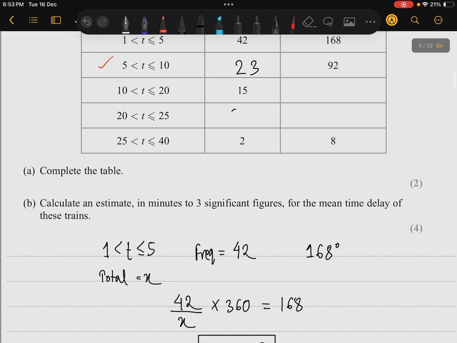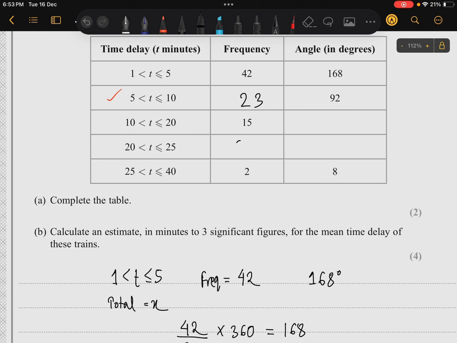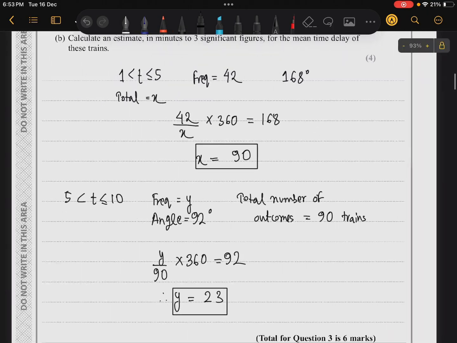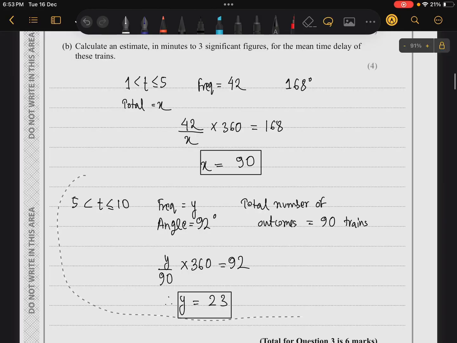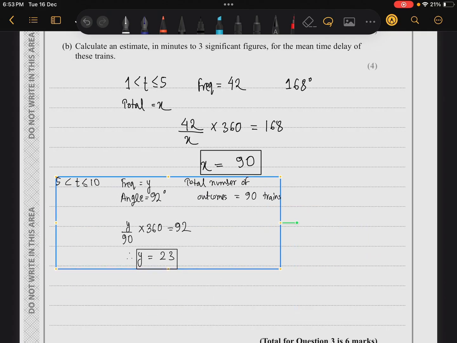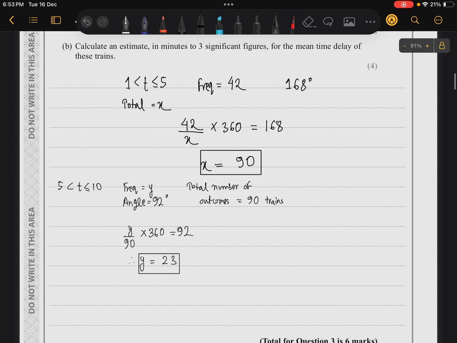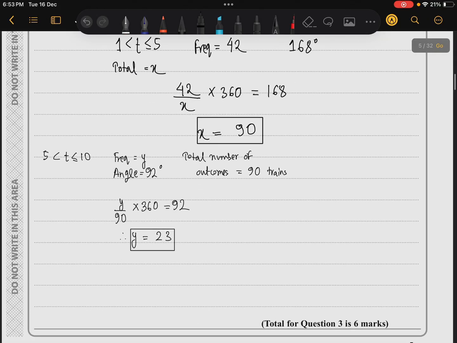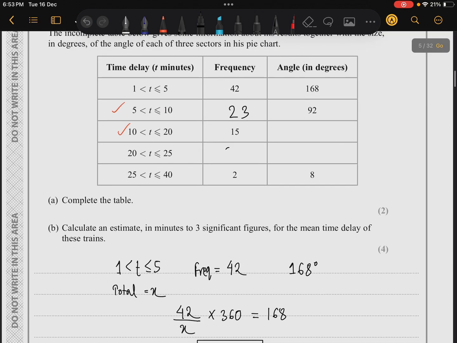Okay. Now let's go for the third piece of data, which is this one, 10 to 20. So 10 to 20 would be, so we know the frequency now, but we do not know the angle.